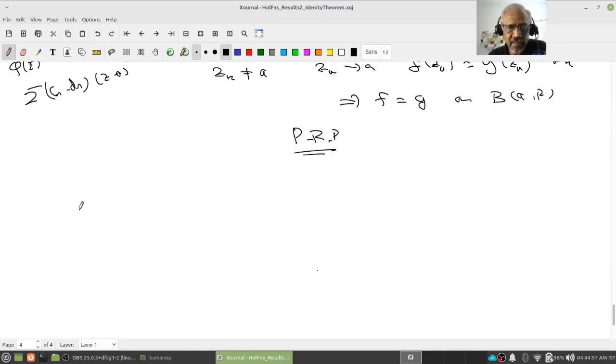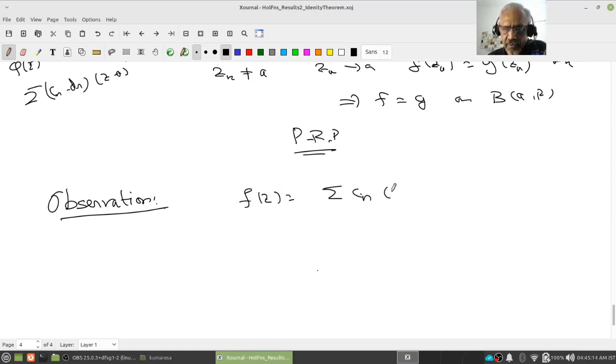Before that, I just want to make an observation. This will also come later, but this is easier. The same proof will show: assume that, as usual, f of z equals the sum of Cn (z minus a) to the power n, etc., in B(a, R).